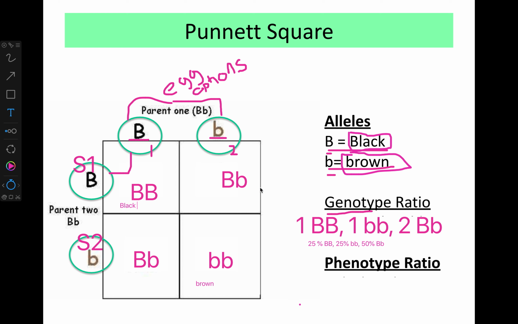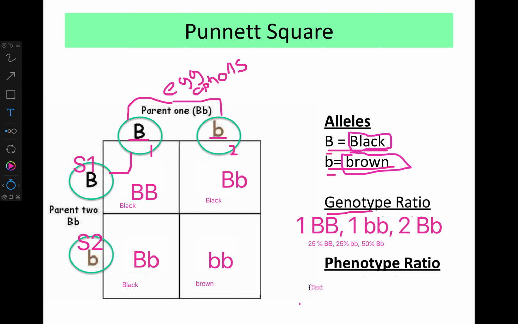That's the only option. Now remember, when we get to this heterozygous, we defer to the dominant. This capital B overrides the lowercase b. So these are black. That's the phenotype, right?